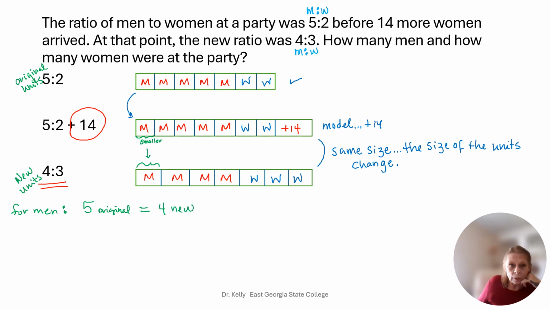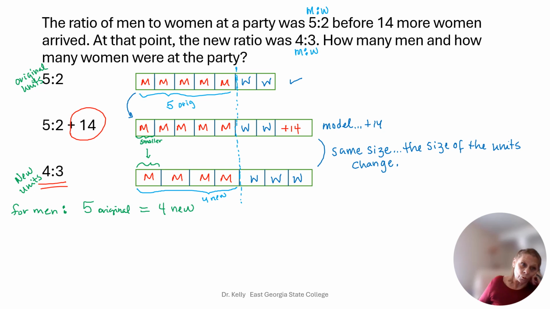And let me show you again how you can see that, because it is super subtle. I'm going to draw this line from here where they split, and if I could draw a straight line, you'd see that that's true. There's 5 originals, and now it's 4 new ones. So that's how I got this equation, and that's for the men.